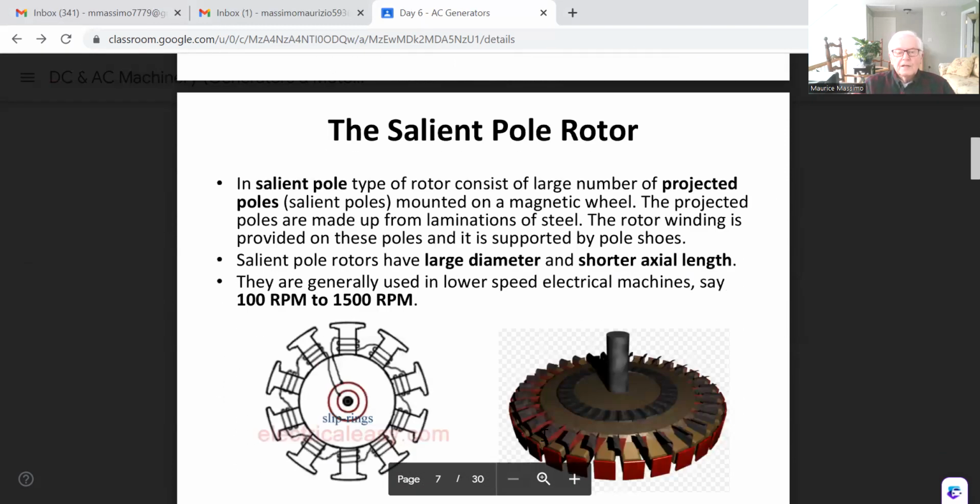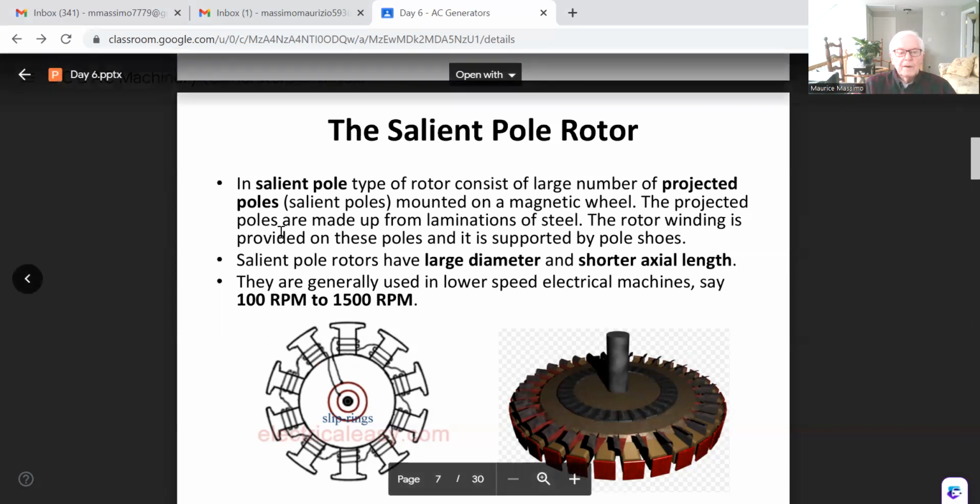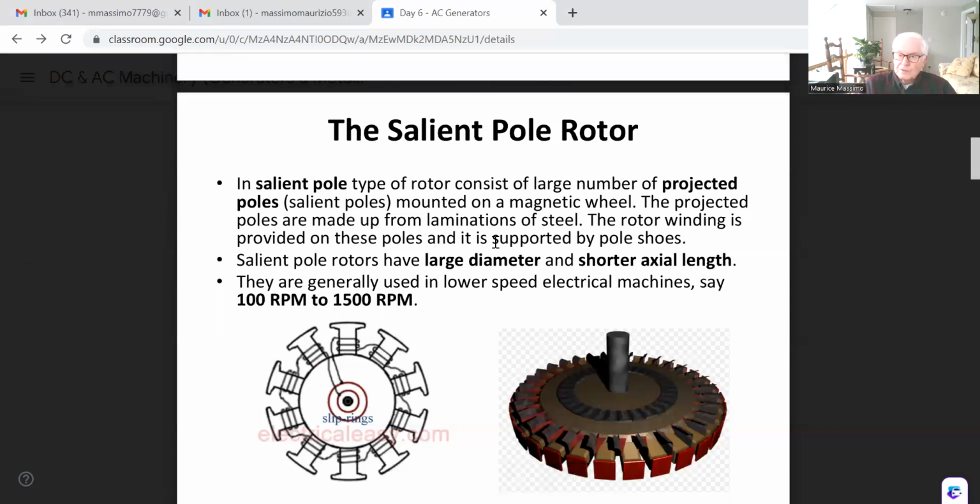So this is called the salient pole rotor, okay? This is the first device. A salient pole type of rotor consists of a large number of projected poles, as you can see here, okay? And it's mounted on a magnetic wheel, okay? The projected poles are made up of laminations to reduce eddy currents. And the rotor winding provides these poles.